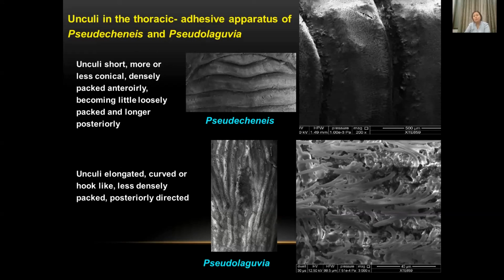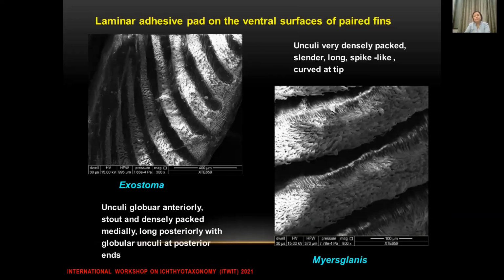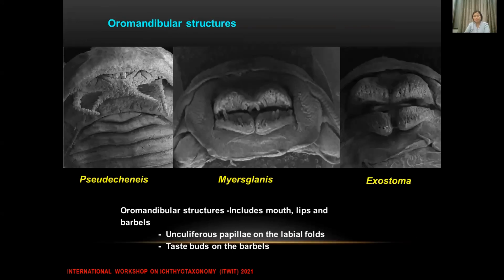So this is how they are used as an adhesive apparatus. Then these are the features we can see in Exostoma and Myersglanis. Then these are the oral and mandibular structures found in Pseudecheneis, Myersglanis and Exostoma.